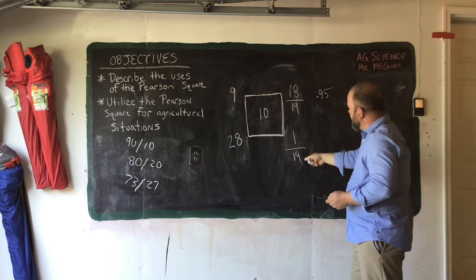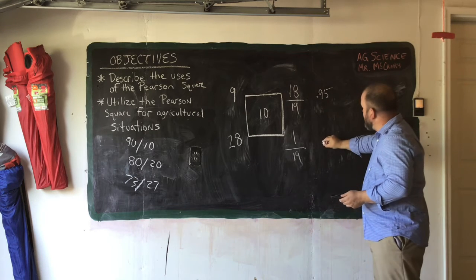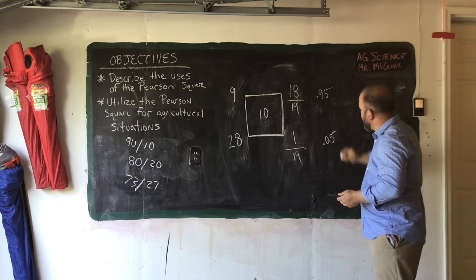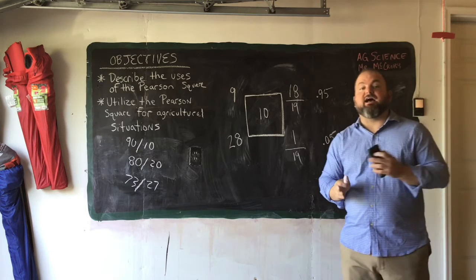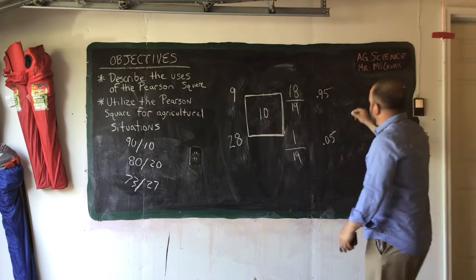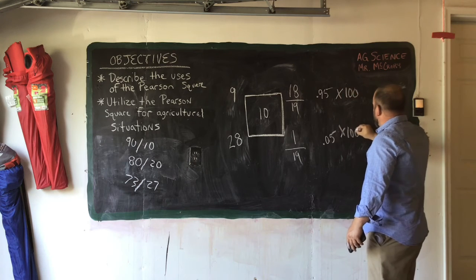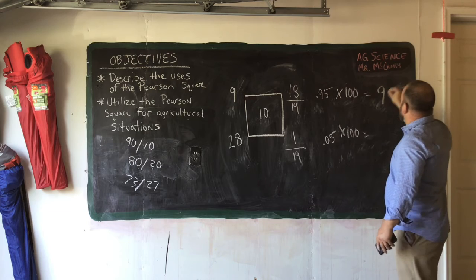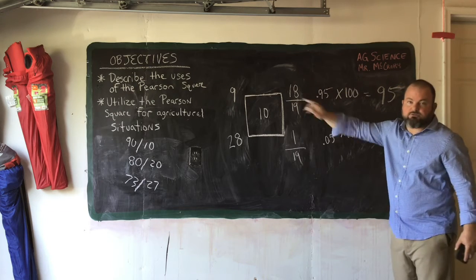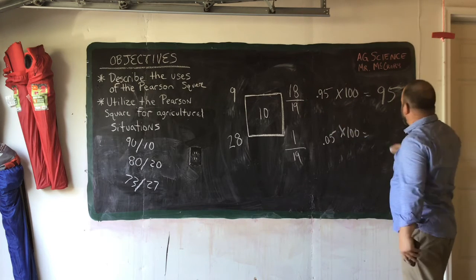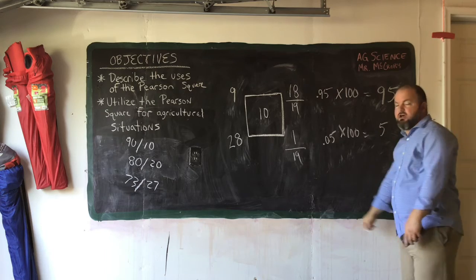All right, and you take 1 divided by 19 there, and you'll get 0.05. If we're doing 100 pounds of this hamburger, you multiply that times the pounds that we're doing, we'll use 95 pounds of regular chuck roast and 5 pounds of trimmings.